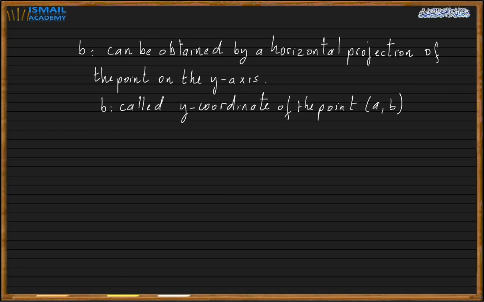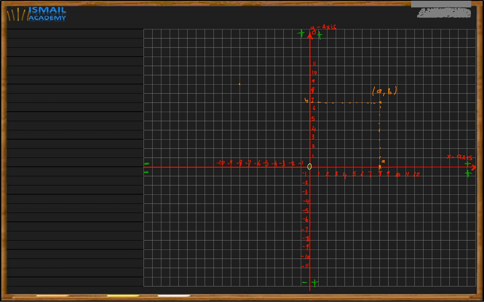And as you see here, when we have the perpendicular lines, we divide the plane into four areas. Each area is called a quadrant. So we have quadrant 1, quadrant 2, quadrant 3, and quadrant 4.